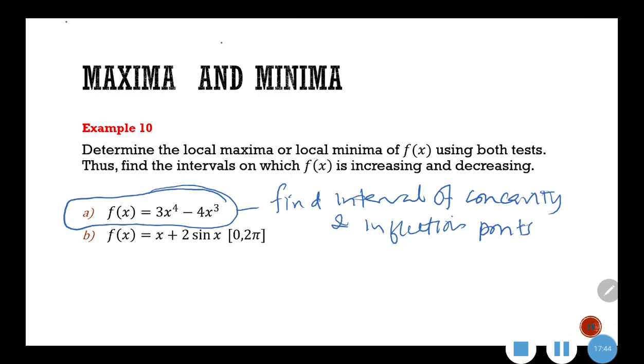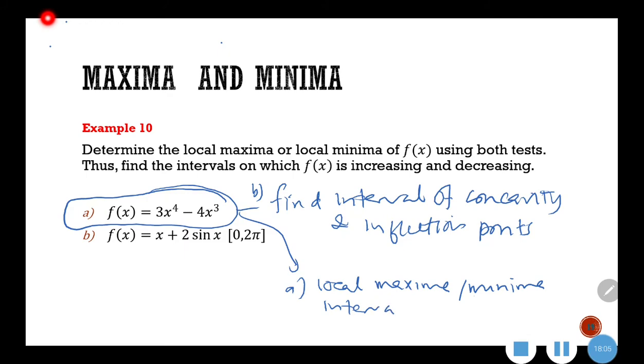Okay, when you submit, I want you to complete it. Meaning repeat, write back what I have discussed. Okay, meaning find interval of concavity and inflection points is B. For A, I want you to find, actually not find, local maxima, local minima, and interval of increasing and decreasing. Okay, not search, because I have already shown how to solve before. So you just need to understand and copy it back actually.